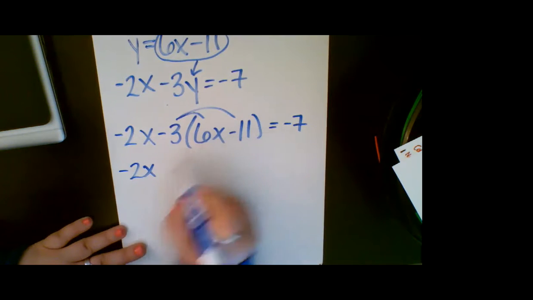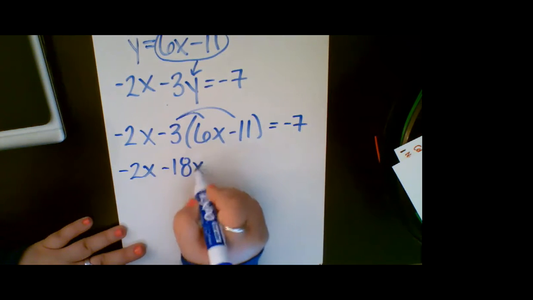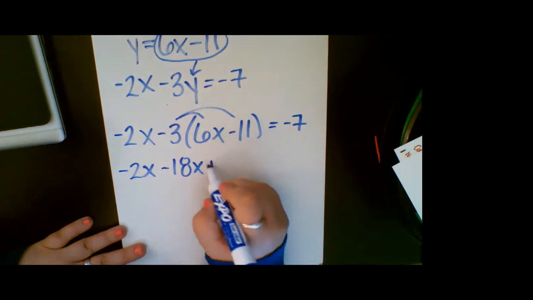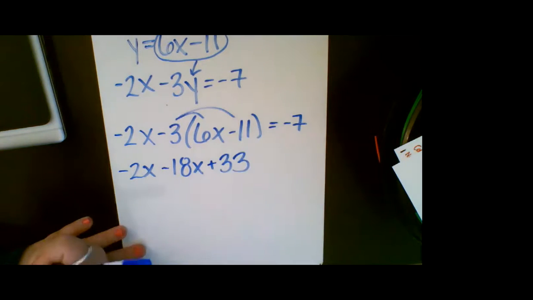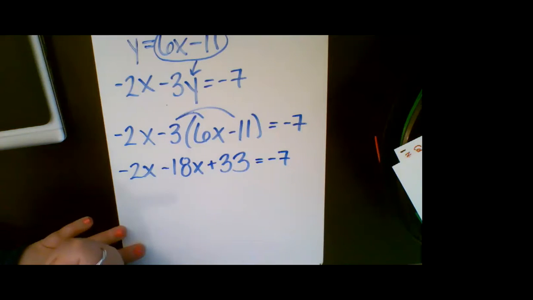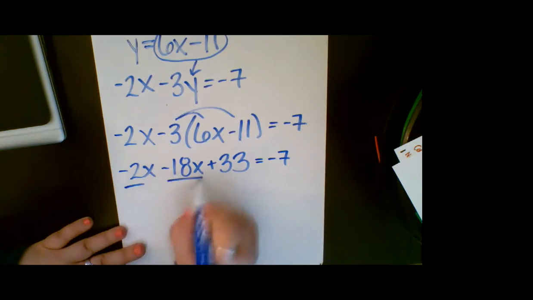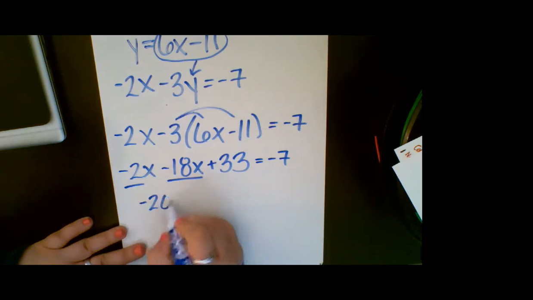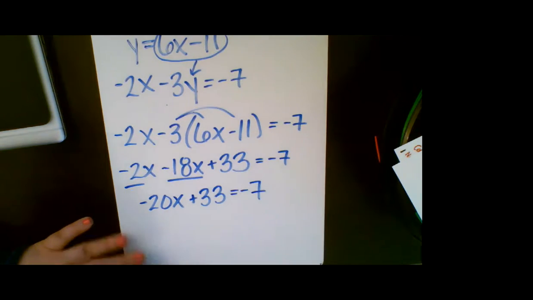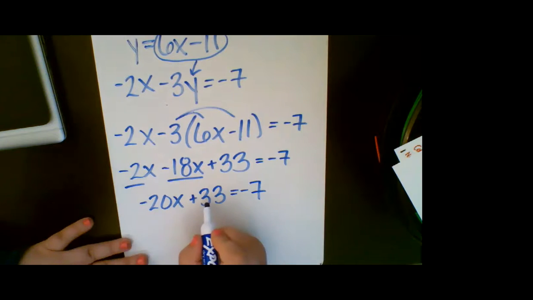Negative 3 times 6x is negative 18x. Negative 3 times negative 11 is positive 33, and that equals negative 7. We're going to combine like terms. We're going to move the number over.